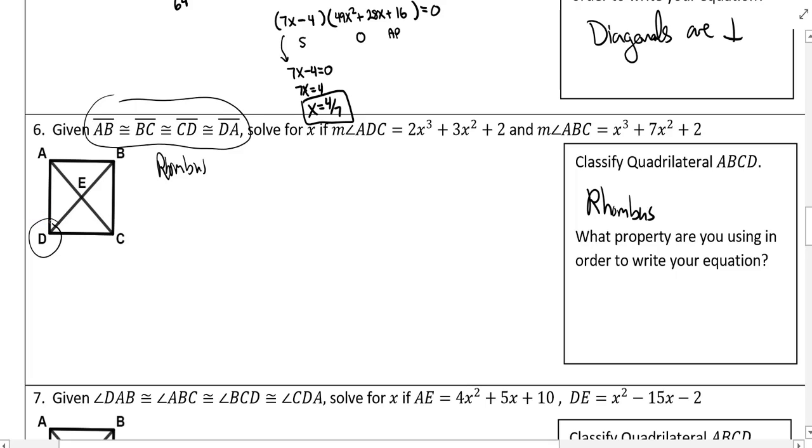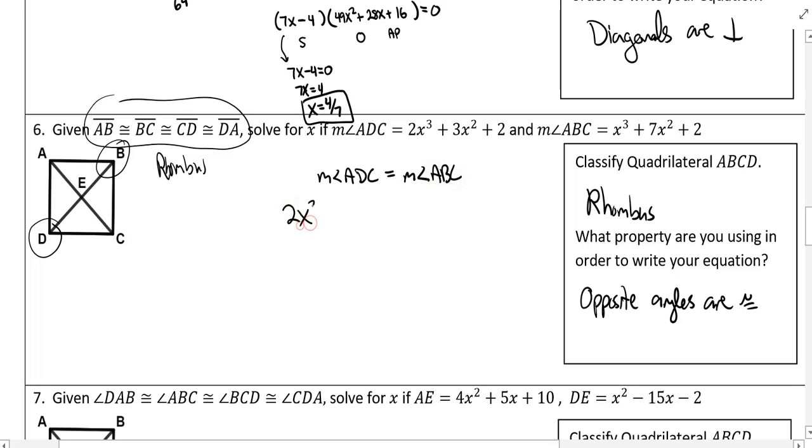ABC is the big corner over here. Now because a rhombus is a parallelogram, opposite angles are congruent. And that's what these are. And so we can set the measure of ADC equal to the measure of angle ABC.